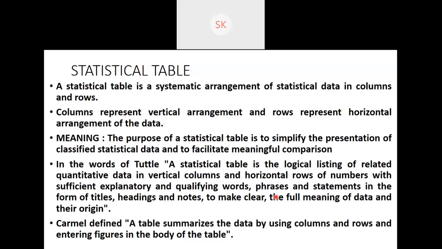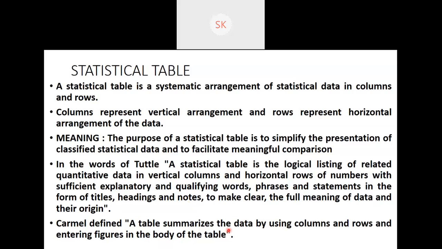Even if you use the data for research, you don't know what that person has calculated using the tables. So titles, headings and notes are very important to make sure everybody understands the statistical table. There is another small definition.